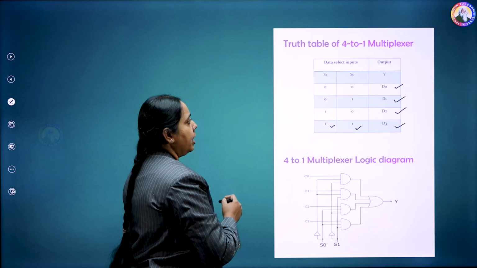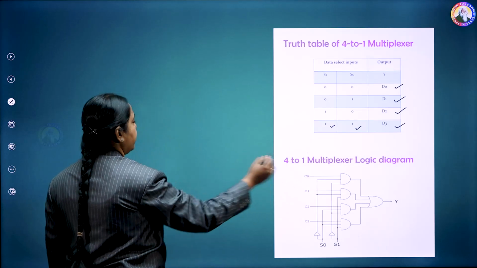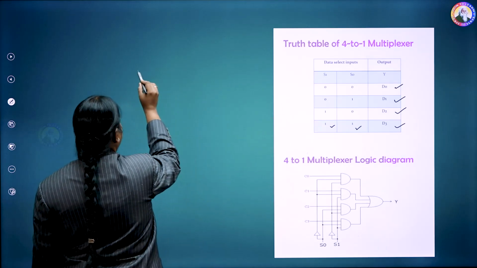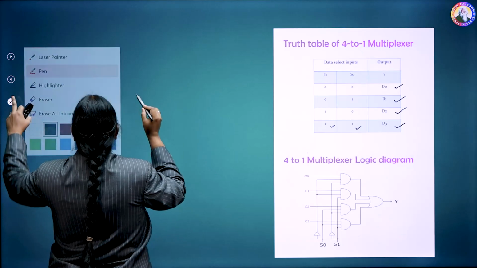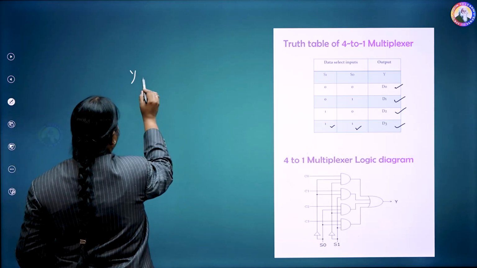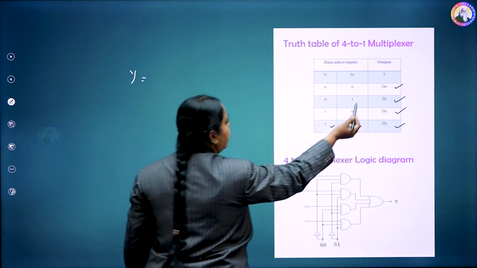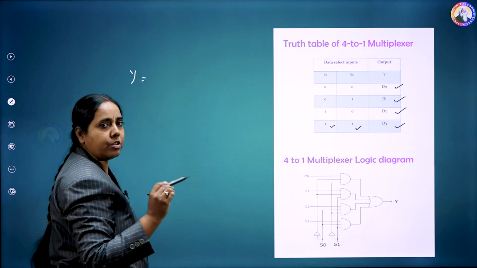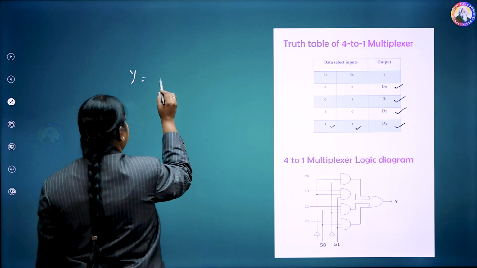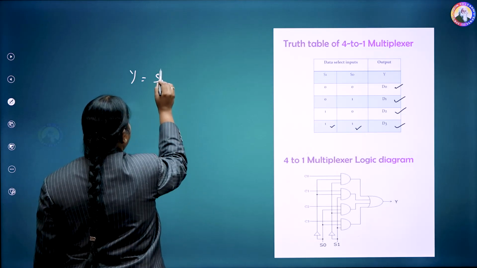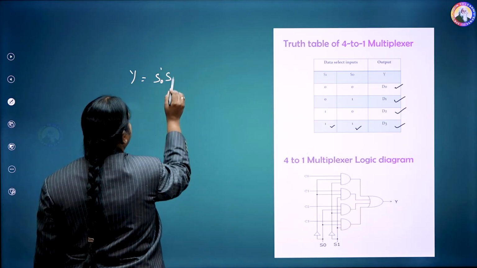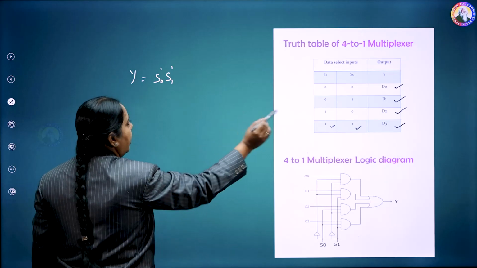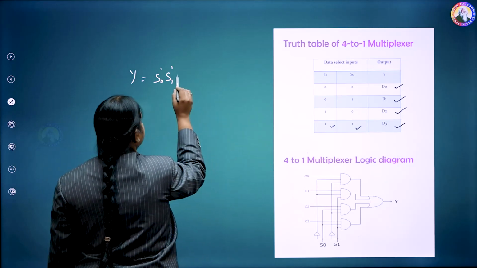So what is the equation I am getting here? From that truth table, I can write the equation like Y is equal to, the first one, S0, S1. S0, S1 equal to 0 0, I can represent it as S0 bar, S1 bar, and the input that I am connecting is D0.